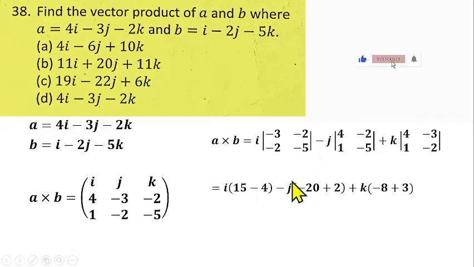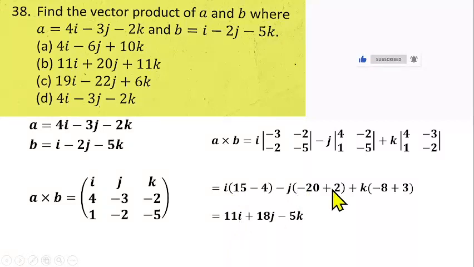Then minus j, cross this one: minus 5 times 4 gives us minus 20, then minus 1 times minus 2 gives us minus 2, minus 2 times minus gives us plus 2. Plus k, then cross here: 4 times minus 2 gives us minus 8, then minus 1 times minus 3 gives us minus 3, the minus 3 times that minus gives us plus 3.